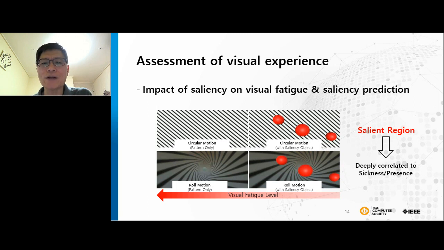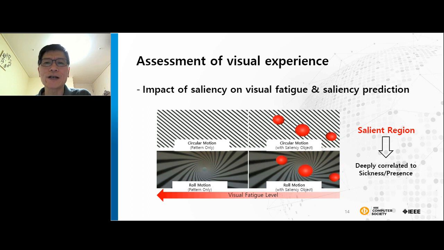Our visual attention can be changed according to the salient object in here. So this is a background, right? On the background, there are a lot of different types of motion, circular motion and roll motion. And on top of this complicated visual content, we have the salient objects, right? If we have a salient object, the human eye mainly focuses on this salient object, so we feel less visual discomfort since we're focusing on it, right?